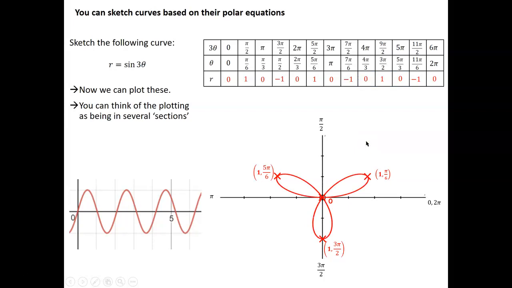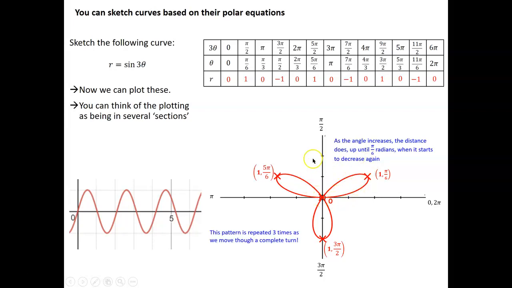Like this. So as my angle increases, the distance does too, up until π/6 radians, and then it starts to decrease again. Then I repeat that pattern 3 times until we get back to the beginning.